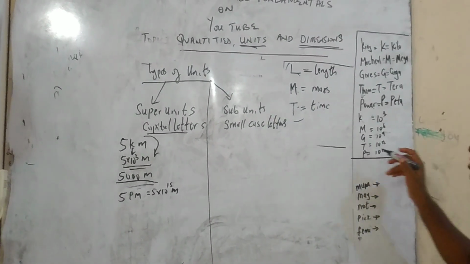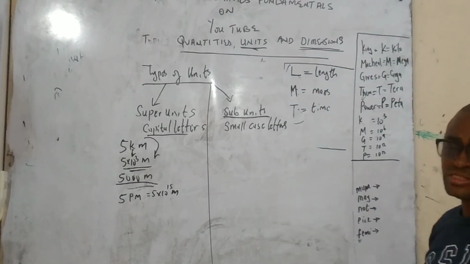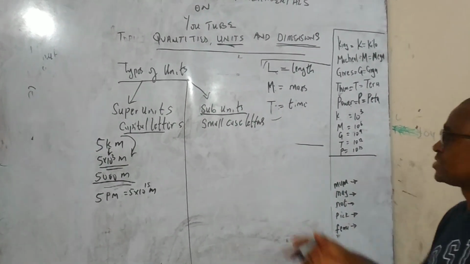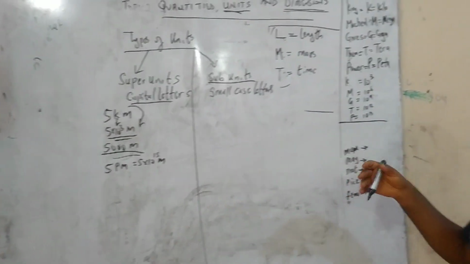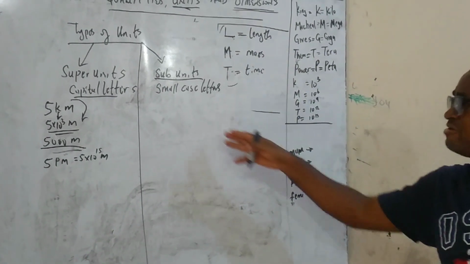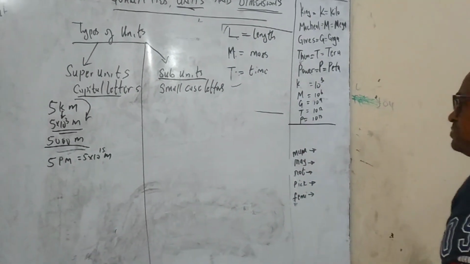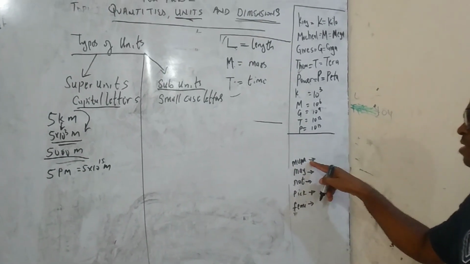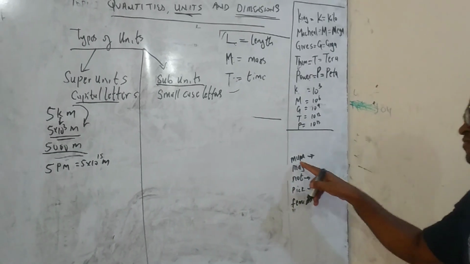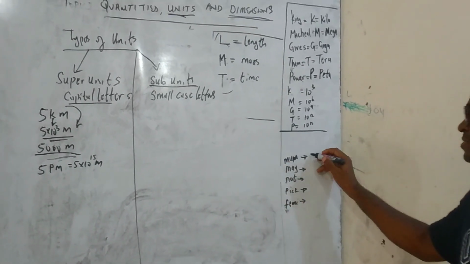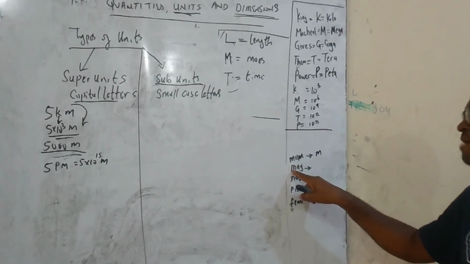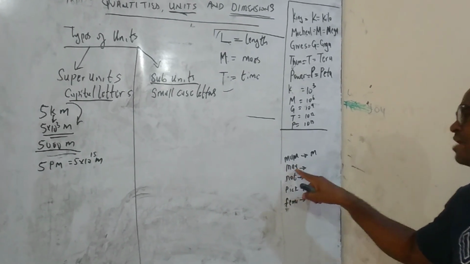Now, we are going to the subunits which we use in dealing with measurement of small quantities. In these subunits, we use small case letters. Now, I use this mnemonic to remember the arrangement of the subunits. I start with "Mom may not pick Femi." Mom may not pick Femi. The first letter of mom is M. But because I'm having first letter M here, and I'm having first letter M here again, I cannot write M here.